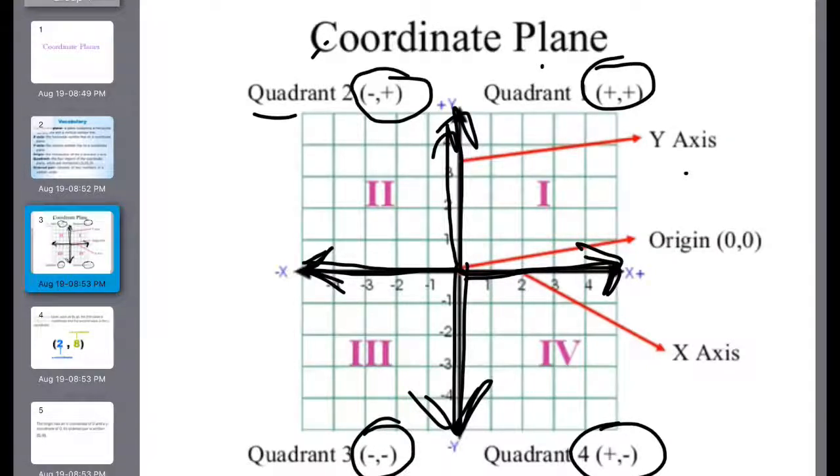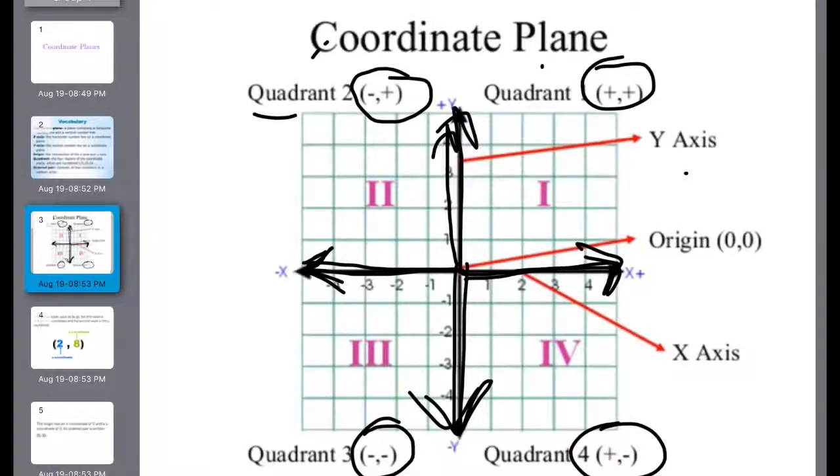Coordinate planes are used a lot, especially in geography. You have probably already studied this year longitude and latitude. The lines of longitude and latitude on a globe are just like the x and y axis on a coordinate plane. So we can use longitude and latitude lines to find a specific location anywhere in the world.